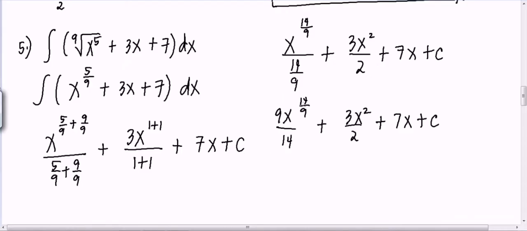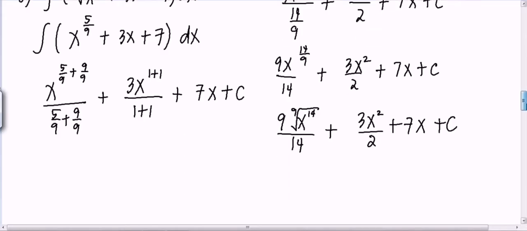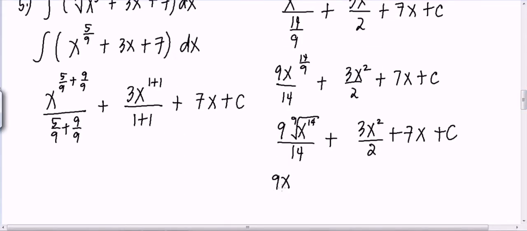At again, pwede na itong sagot. Pero if you want to ibalik to sa radical, pwede rin naman. So, 9x. So, ang 14 natin would be the exponent. And then, ang root natin is 9 over 14. Plus 3x squared over 2 plus 7x plus c. Okay? So, ilan bang 9 ang meron sa 14? Merong isa. So, makakapaglabas tayo ng isang x raised to 9. So, ang magiging sagot natin ay may isang malalabas na x raised to 9 and then may matitirang 5 sa loob. Ayan.